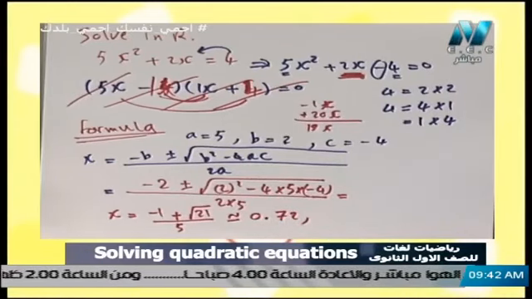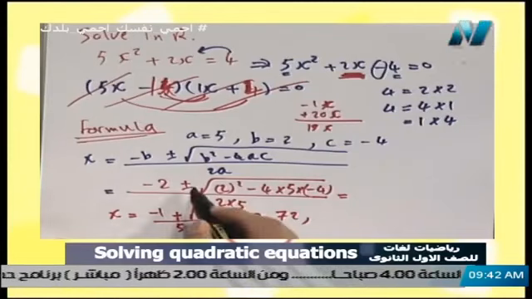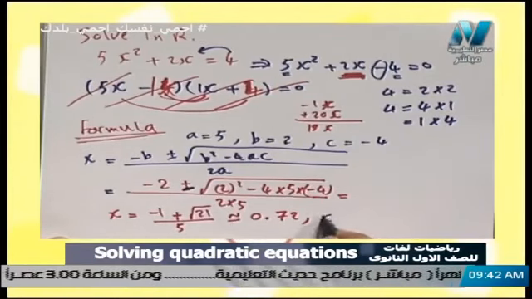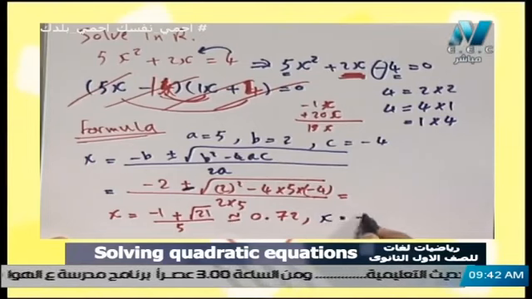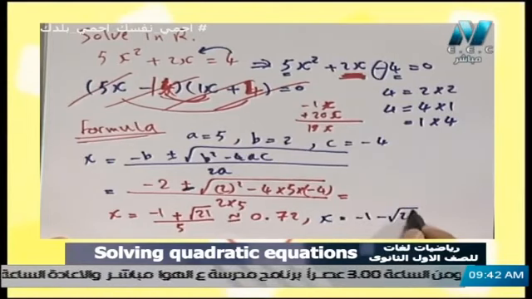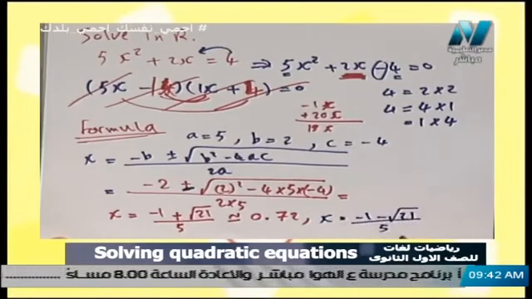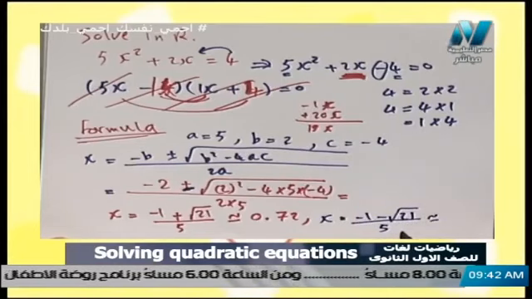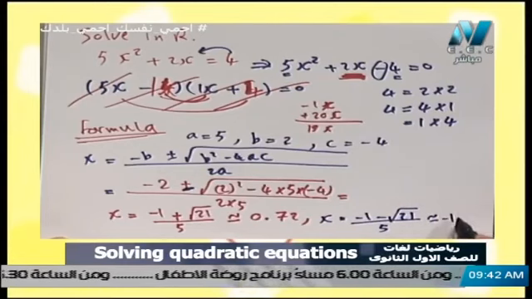And when we use minus here, x equals negative 1 minus square root 21 over 5, and approximately equals negative 1.12.